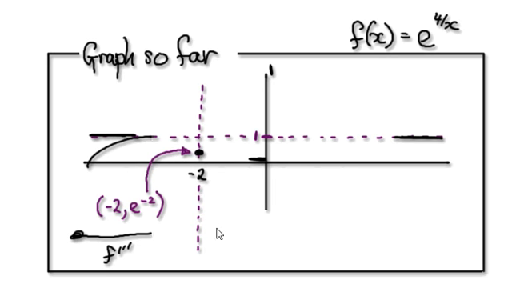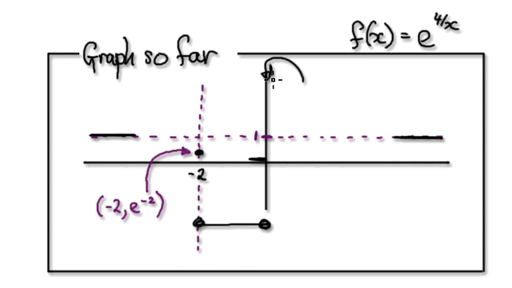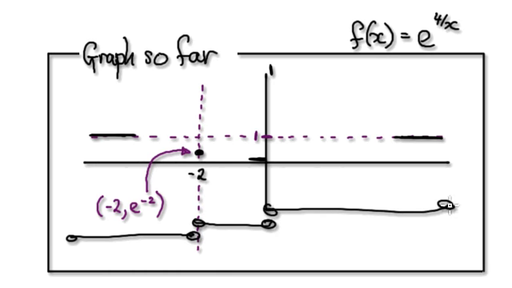Remember, something weird happens dead on x equals 0, so we need to split up right at x equals 0. We've got to consider this interval, this interval, and this interval, and look at f double prime for each of them.